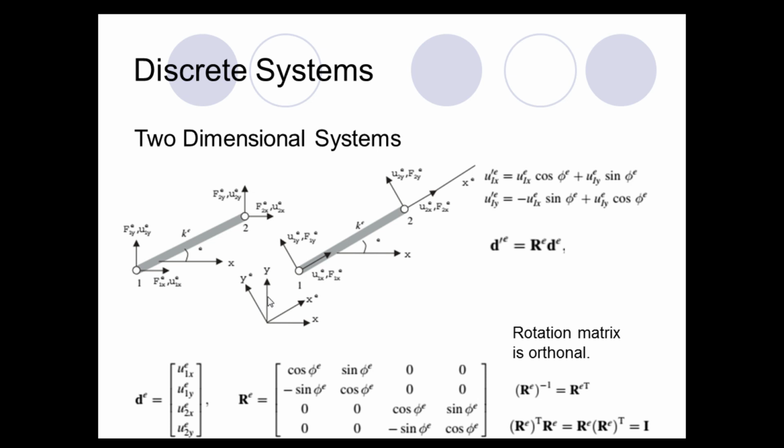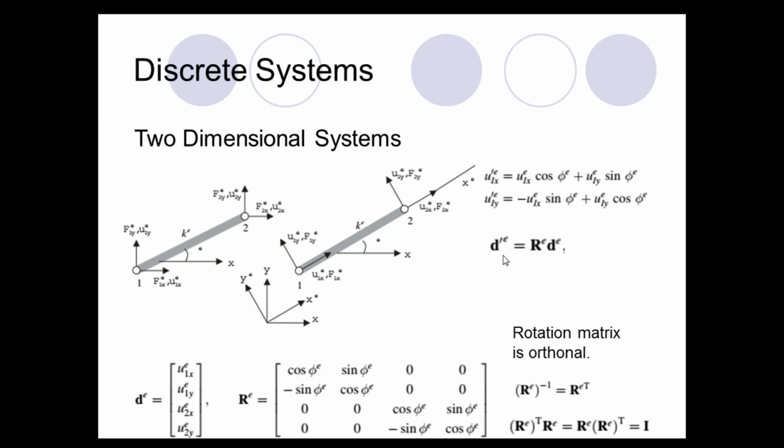So it's here. This angle is phi. So this is one thing. Now I write the u1x and u1y.